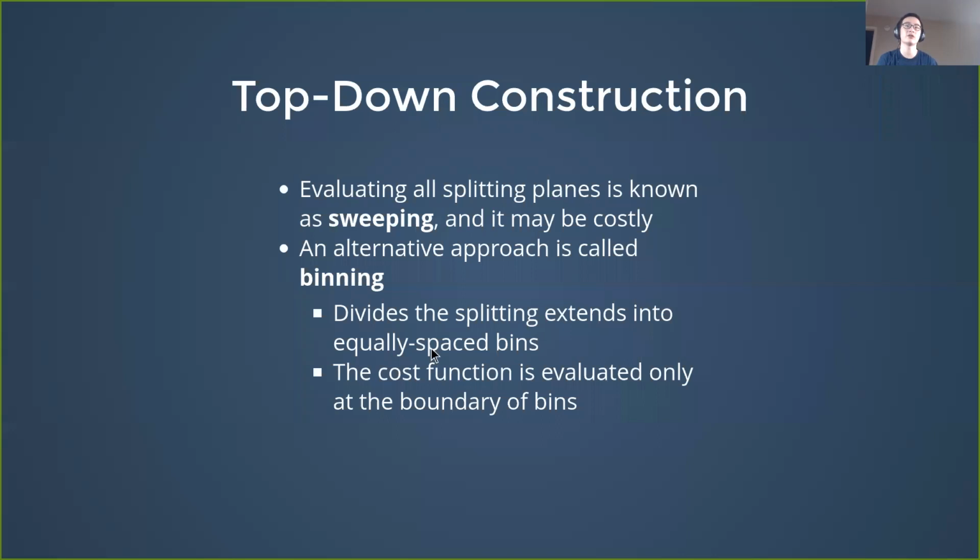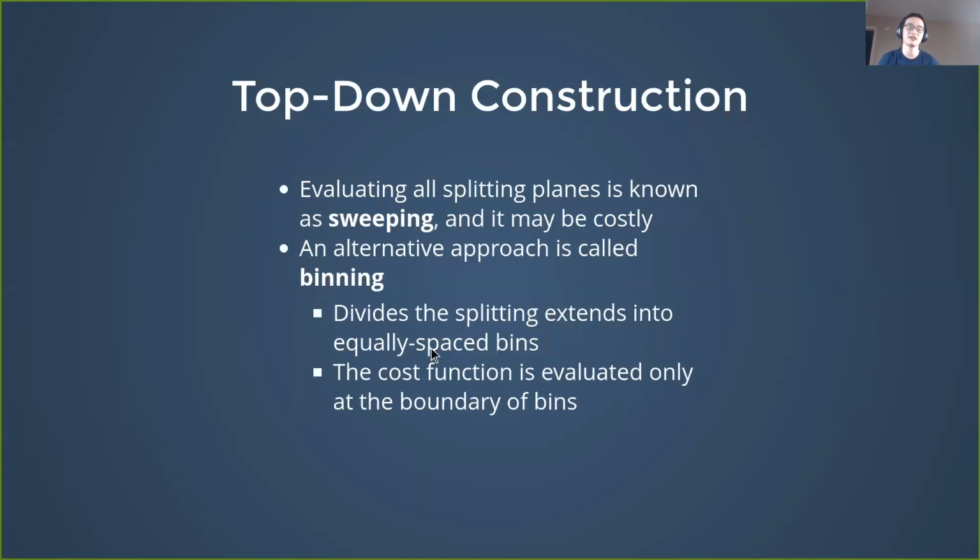So there are several algorithms to perform the splitting if we use the cost function. We can evaluate all the splitting planes, which is known as sweeping, but it can be costly. An alternative approach is called binning, where we divide the splitting extent into equally spaced bins, and then the cost function is evaluated only at the boundary of bins.